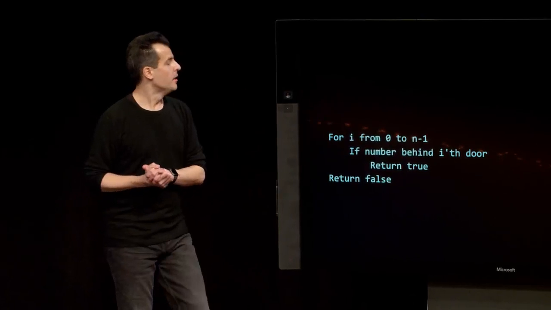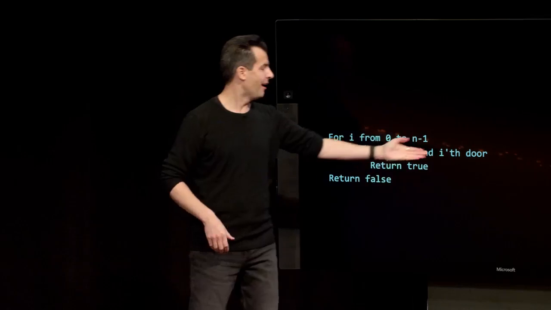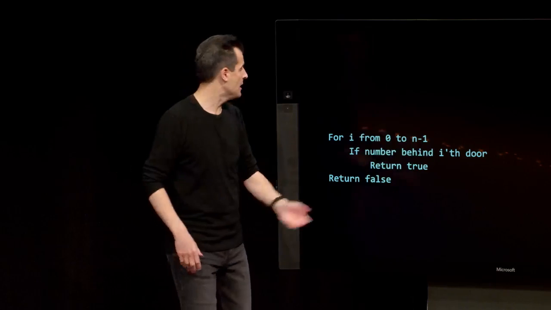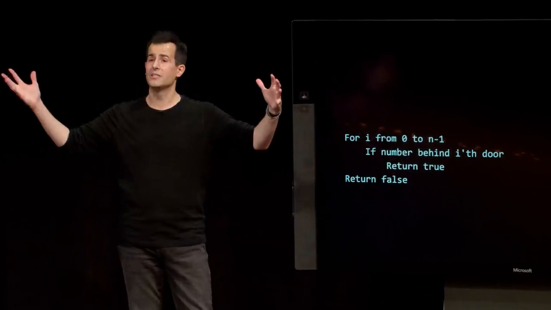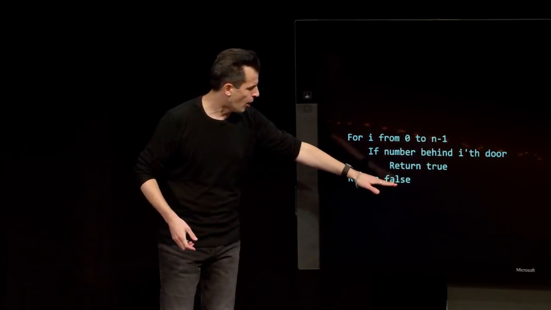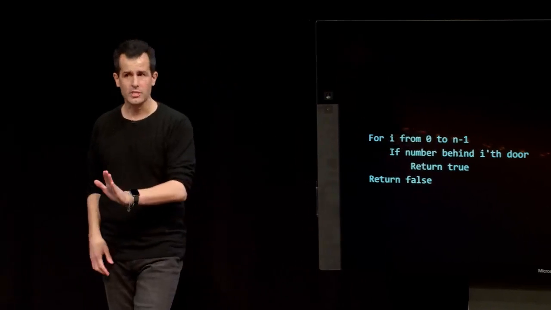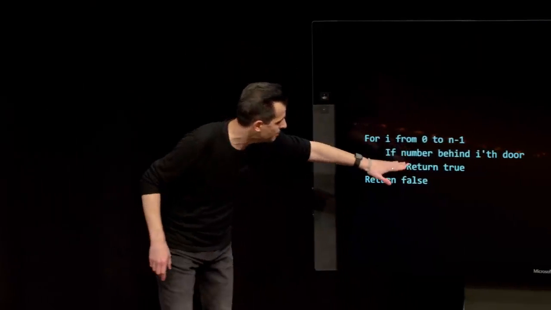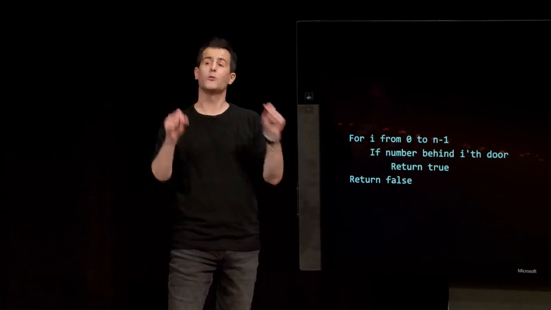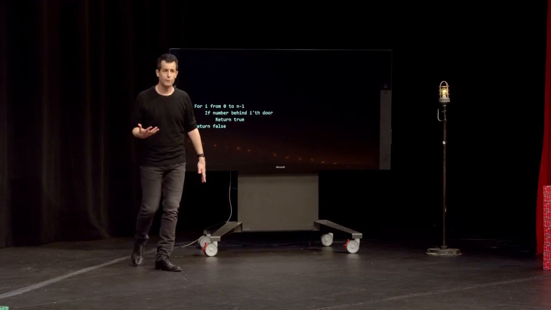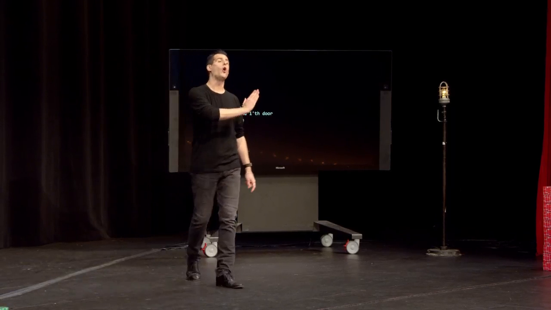If a condition, number is behind the ith door, ith just being a colloquial way of saying what is behind the door at location i, go ahead and return true. I have found the number I want, for instance, the number 0. And then notice that this return false is not part of an else, because I don't want to abort this algorithm prematurely simply because a number is not behind the current door. I essentially want to wait all the way to the end of the algorithm after I've checked all n doors.